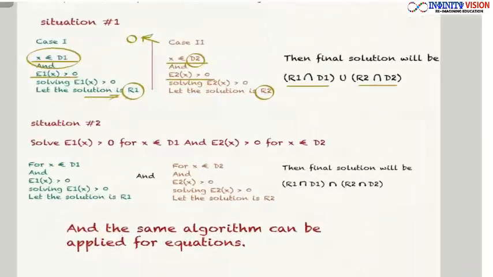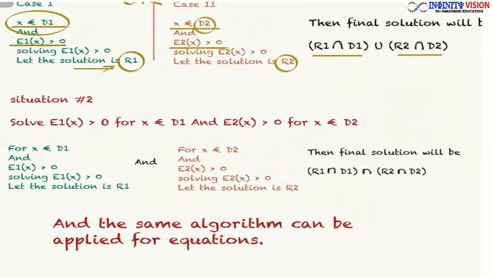In the second situation, you are asked to solve E1(x) greater than 0 for x belongs to D1 with an AND condition, which means you select the common solution for both. The second condition says E2(x) greater than 0, x belongs to D2.